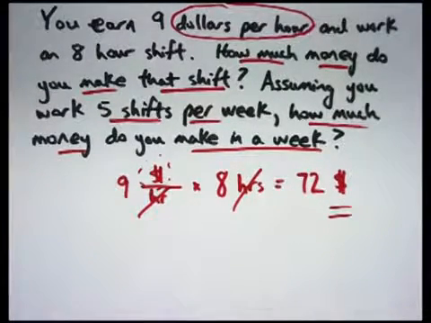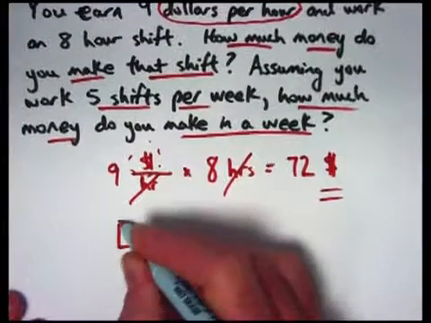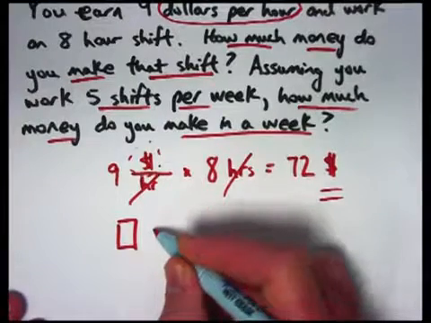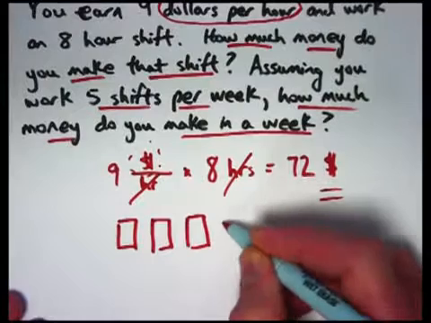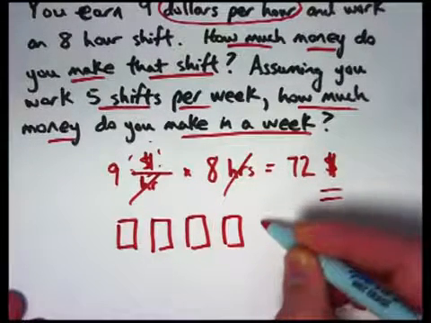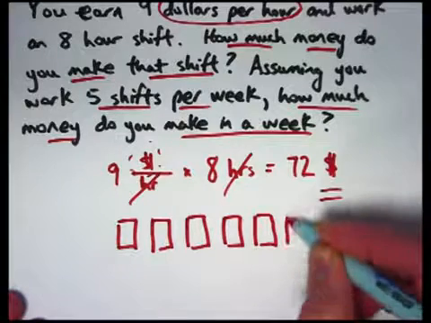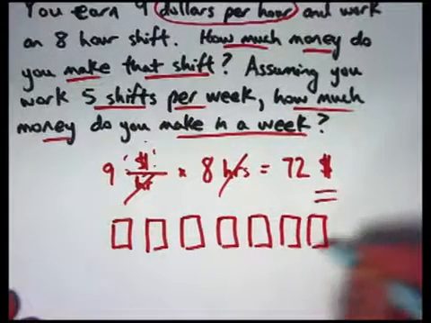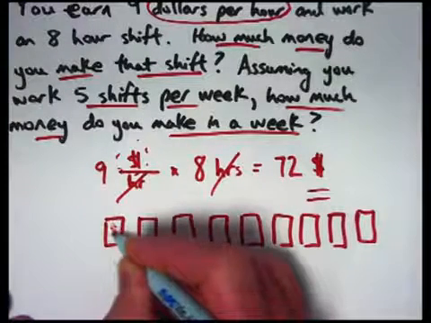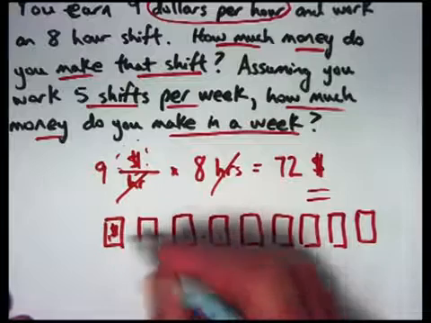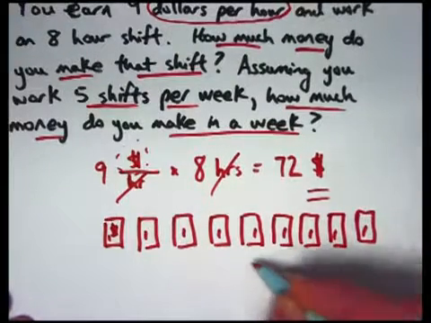If you wanted a visual as to why that's the answer, you could imagine making a big picture where maybe each row in the picture represents the $9 you make in a given hour. 1, 2, 3, 4, 5, 6, 7, 8, 9. These are supposed to represent dollar bills. Maybe I should put ones on them. 1, 1, 1, 1, 1. And I do have 9 of them.